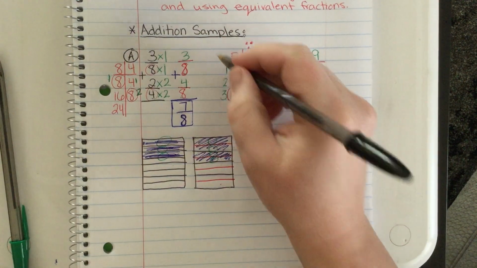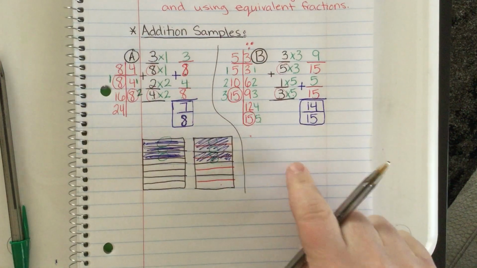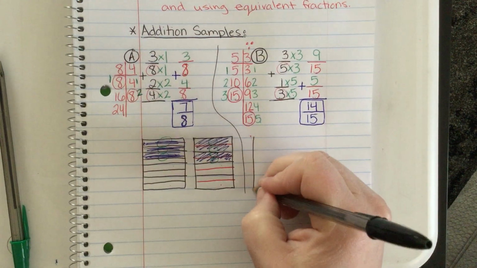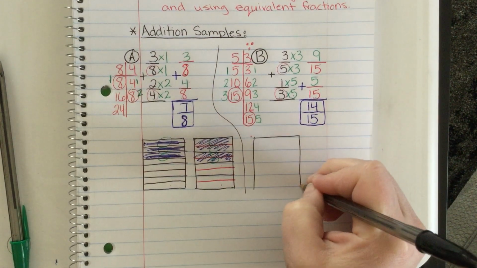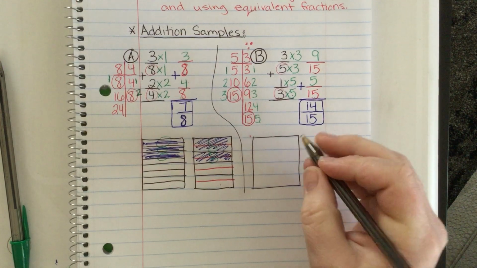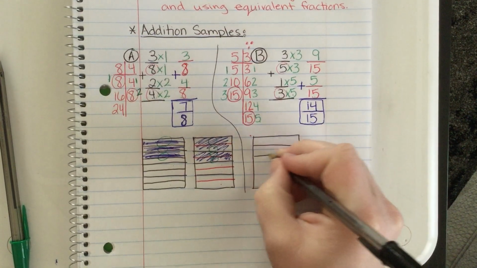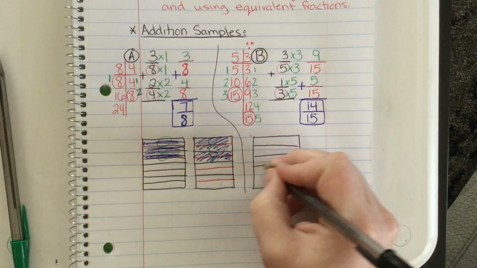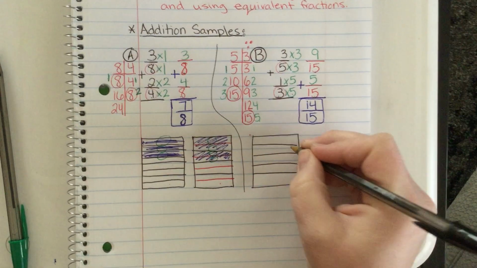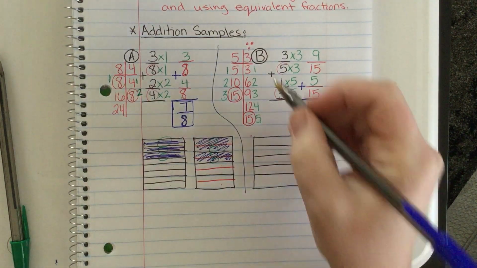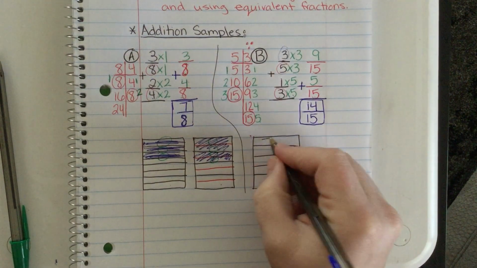Now for the 3/5 plus 1/3, we have, again, 2 models. Okay. 1, 2, 3, 4, 5, as equal as can be, but it doesn't have to be perfect. And then I'm going to color in 3 of them.